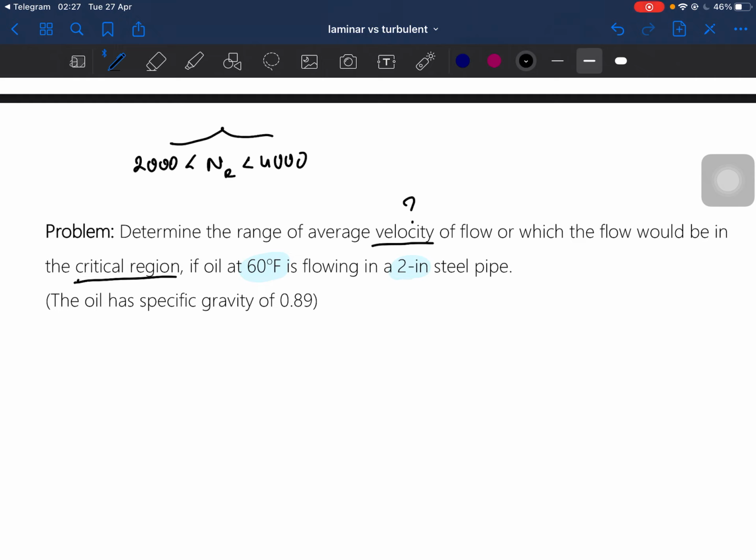So we use the Reynolds number for solving for the velocity. So it is V times the density over eta. In this case, we can rearrange the equation as velocity equals NR times eta over the density.